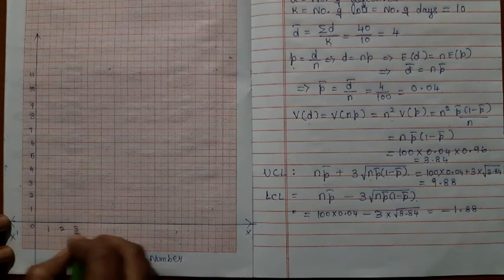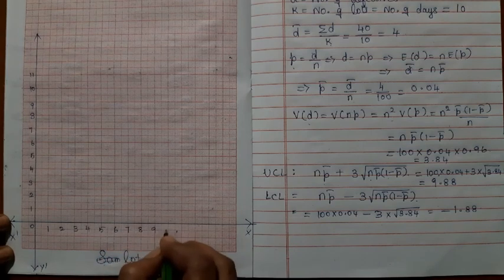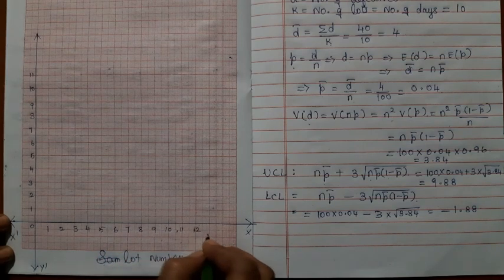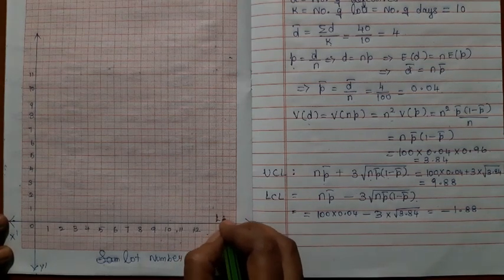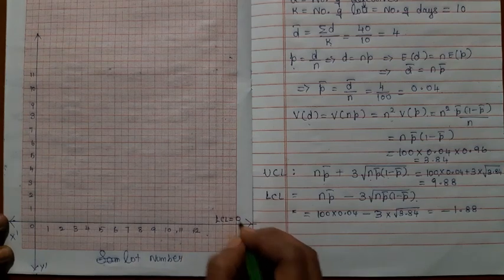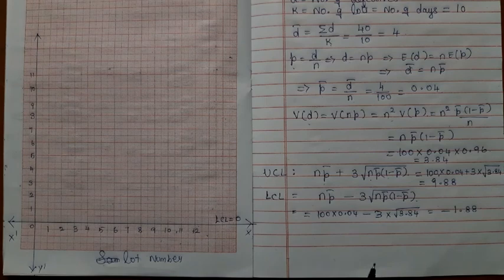You have 10 days, right? Fine. Now the lower control limit is a negative quantity. You know that the number of defectives, the minimum value can be 0. So LCL is taken as 0. You cannot have a negative value here.